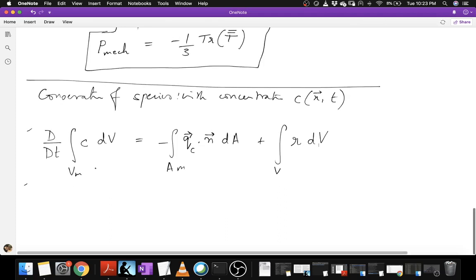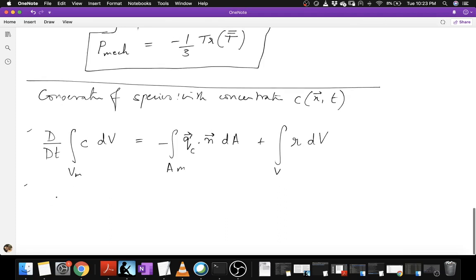Right, so now I can again use Reynolds Transport theorem for an incompressible fluid. What would I obtain? I'll simply get, so I can directly use it now. You can see I can apply the divergence theorem to the surface integral, and then I can use the fact that V_m is arbitrary.